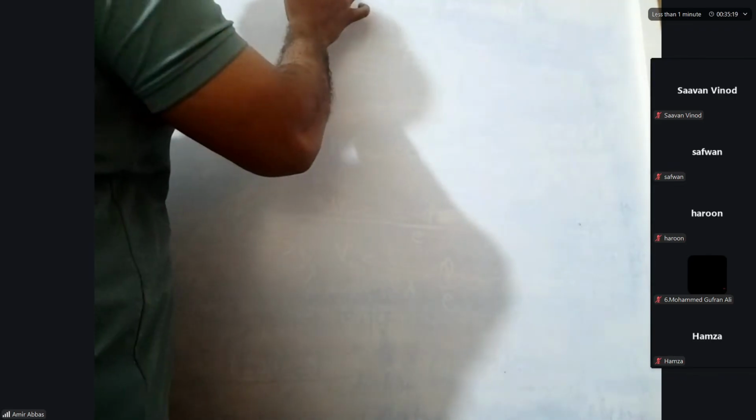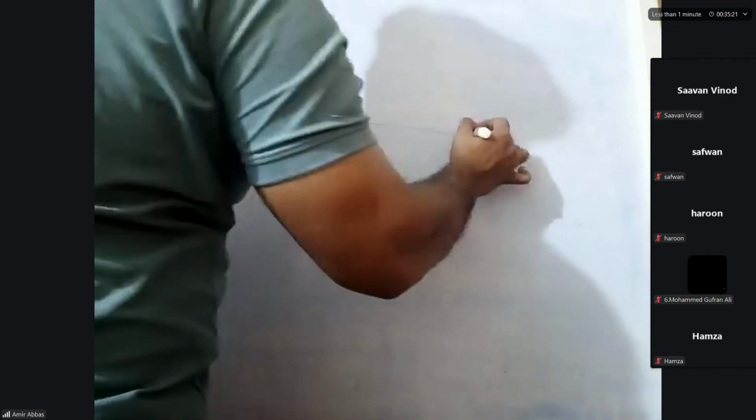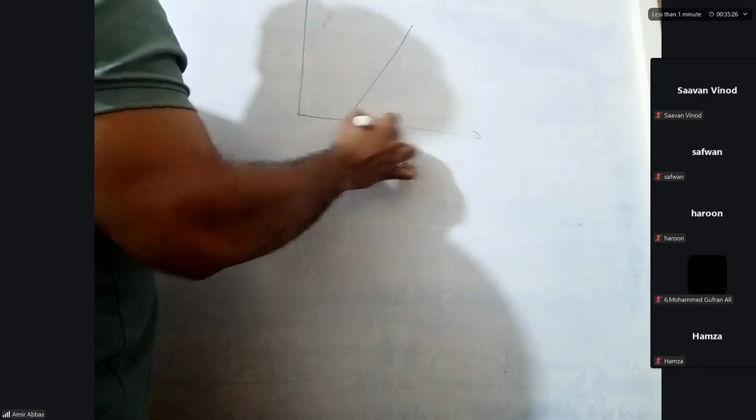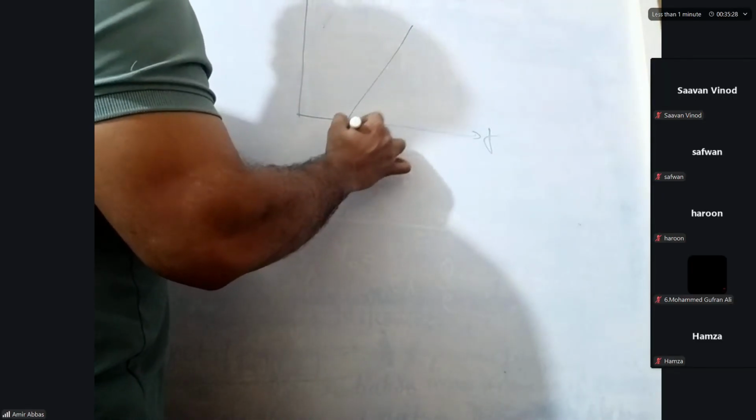Find the work function, and the graph between stopping potential and frequency is given like this. This is frequency in hertz.